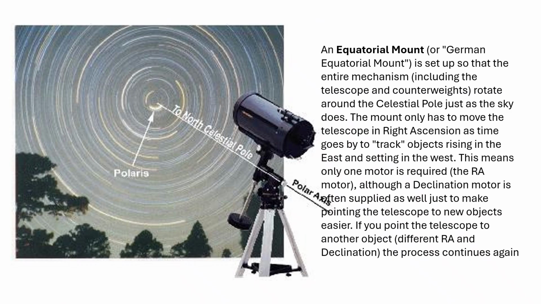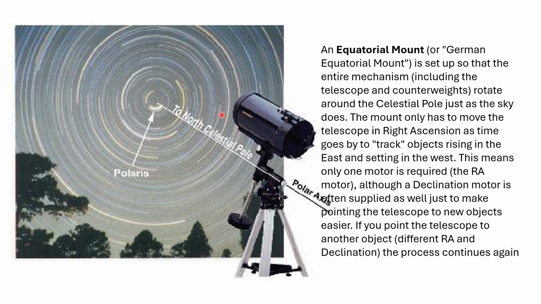The equatorial mount. It is a setup so that the entire mechanism, including the telescope and the counterweights, rotates around the celestial pole just as the sky does. The mount only has to move the telescope in right ascension as time goes by to track objects rising in the east and setting in the west.